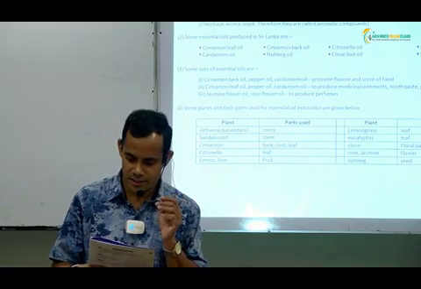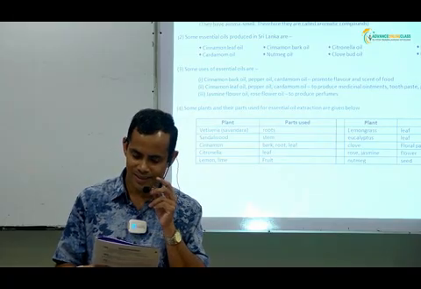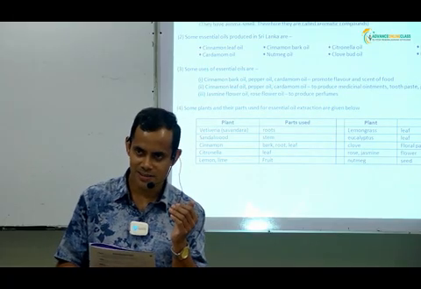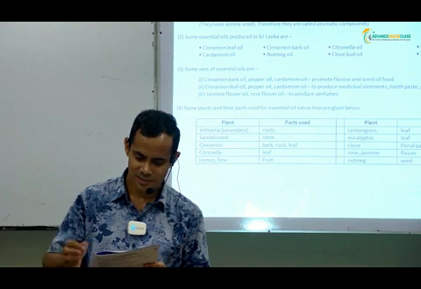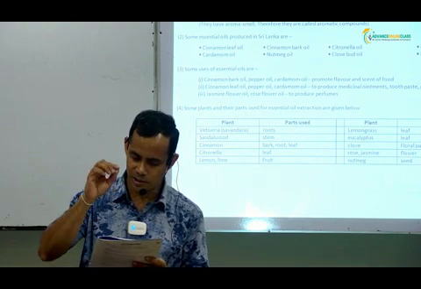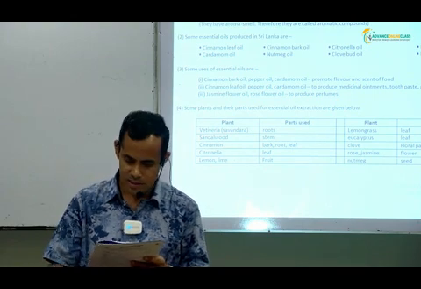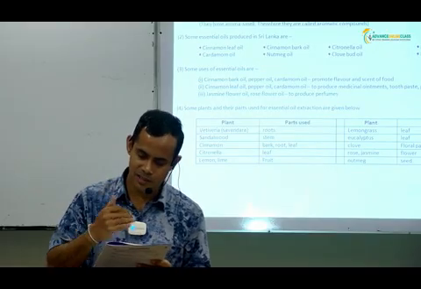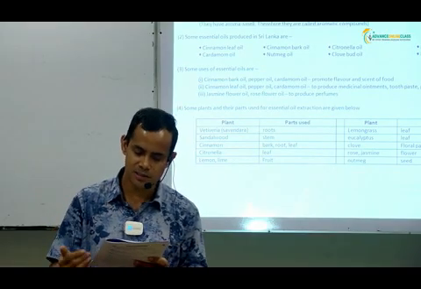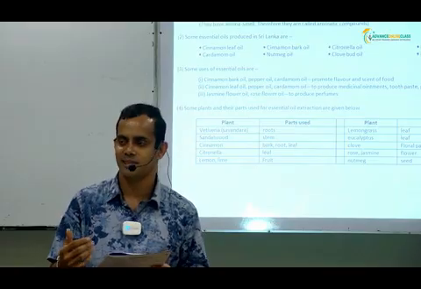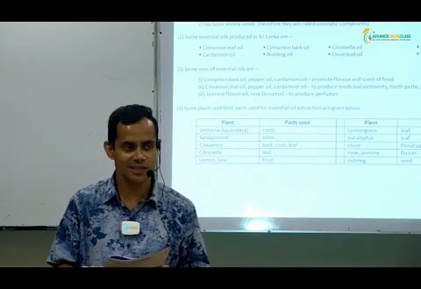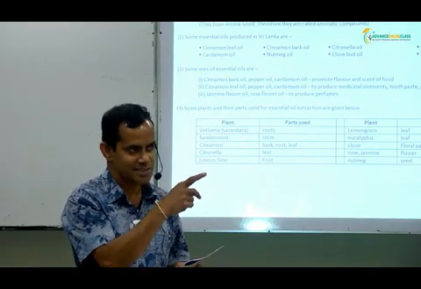Some uses of essential oils are listed under some uses. Cinnamon bark oil, pepper oil, cardamom oil for what? Jasmine oil, rose flower oil for what? This way we can't remember separately, so you remember together.